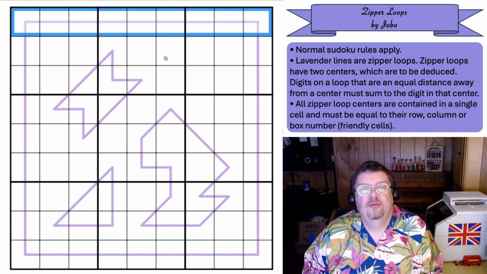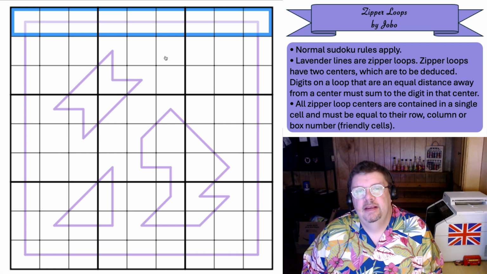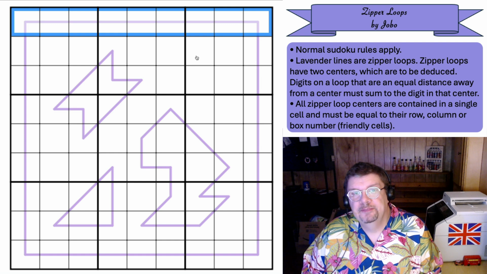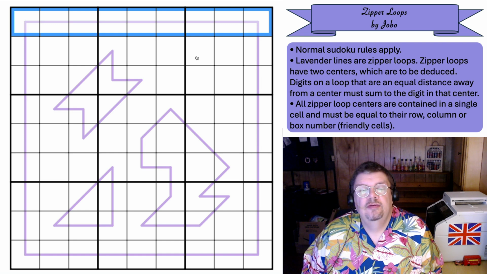The only place for a 9 on a zipper line or zipper loop whose center is in a single cell is to be that center. So when we find the 9 on here, that will be the center, because I can't add anything to 9 to make a bigger digit because there is no bigger digit. So we know that this outside loop has a center of 9.